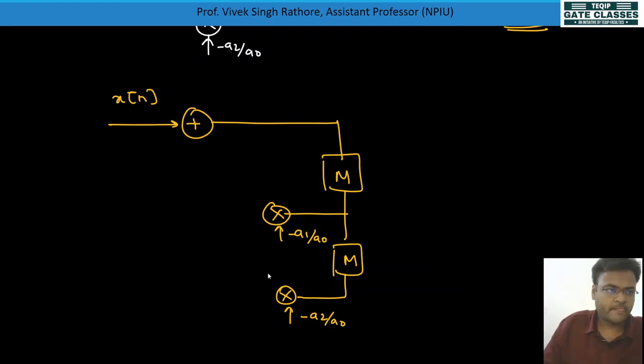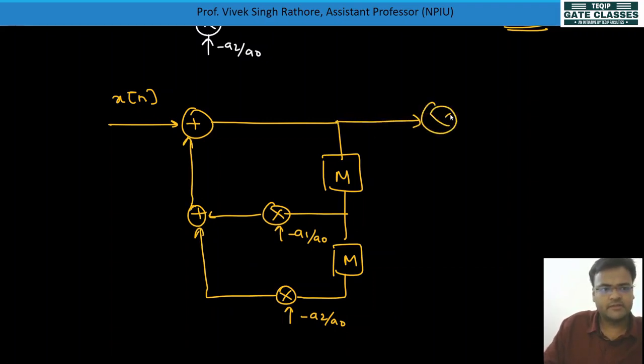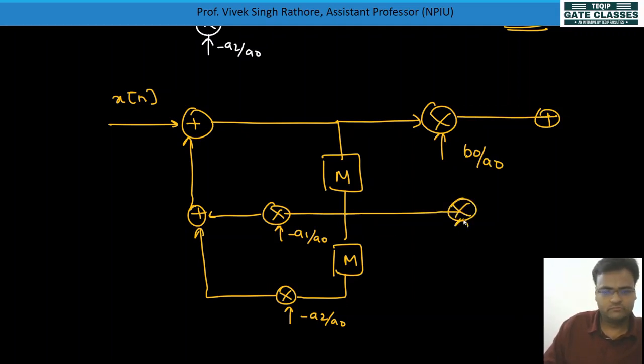Okay, now it will be added here, plus sign will be there, and then it will be added here. Fine, and in the right hand side it will go on like this, b naught by a naught, then it will go on with a plus sign, and here one more will go on like this, b1 by a naught, and then it will go on here, and this is y of n.